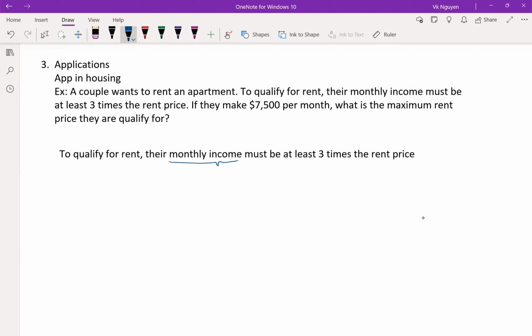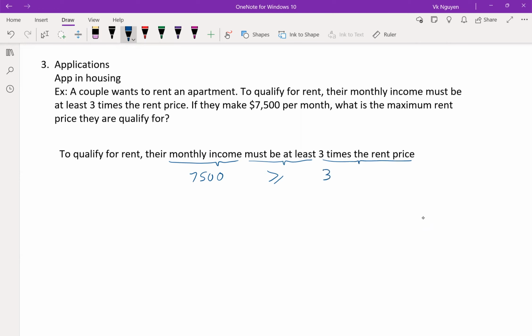Monthly income, well, that is 7,500. Must be at least, greater than or equal to, 3 times the rent price.